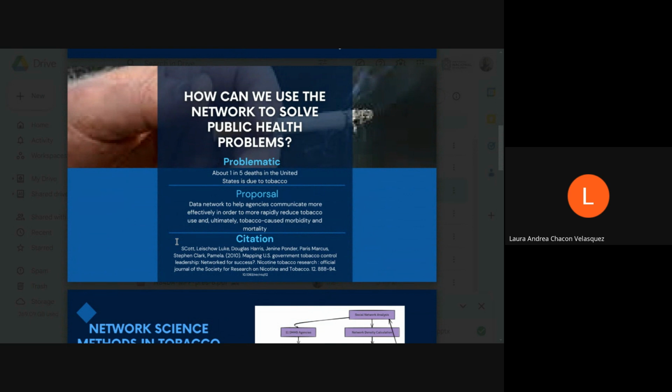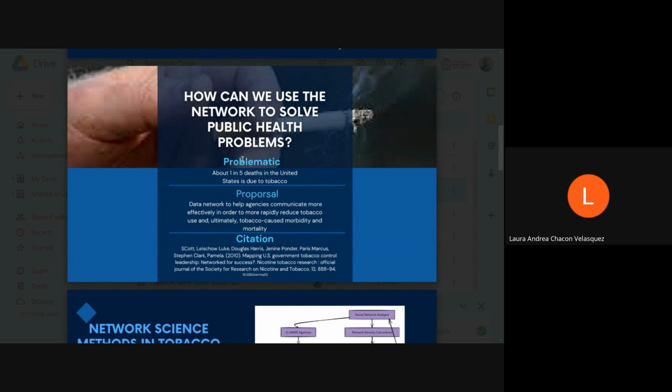Okay, first, we have the question: how can we use the network to solve public health problems? In this case, the problem is tobacco consumption in the United States. Some data reveal that 1 out of every 5 deaths in the United States is due to tobacco.